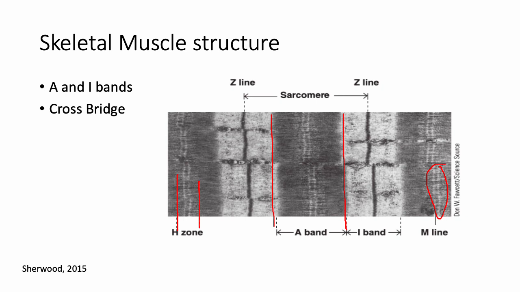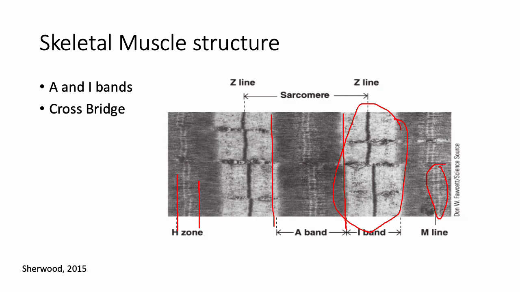The I band, which is the remaining thin filament that doesn't project into the A band, only consists of thin filaments from two adjacent sarcomeres, but not the entire length of these filaments.